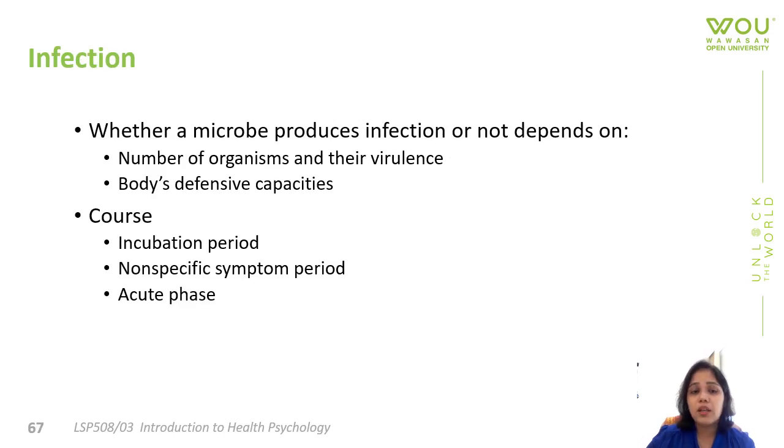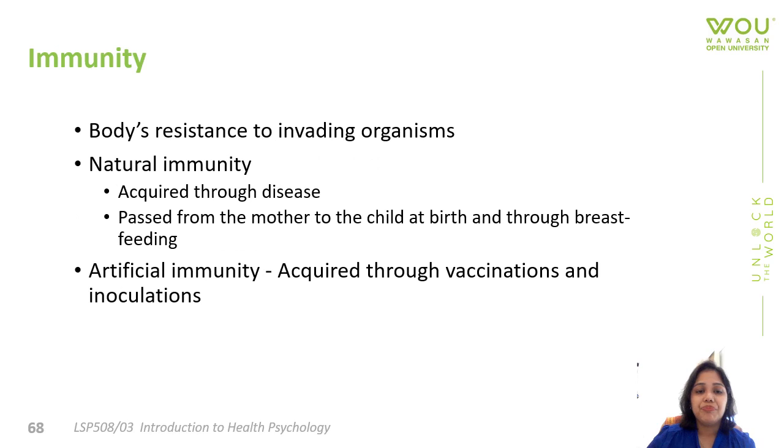And infection also produces a number of organisms of virulence, and it also depends on the body's defensive capacities to fight these organisms of virulence. And the course is incubation period, and then of course the non-specific symptom period and acute phase. Acute phase is a short period. Non-specific symptom period is unidentified symptom period.